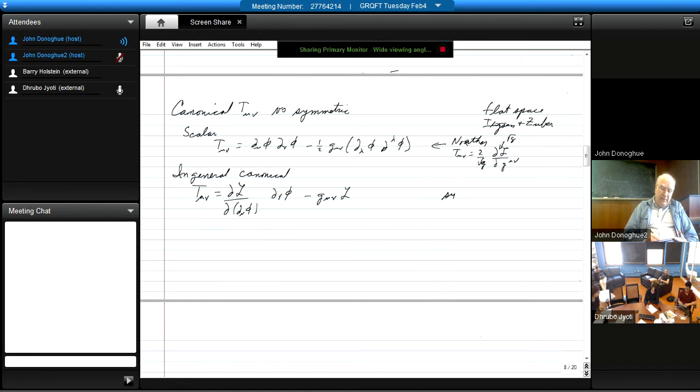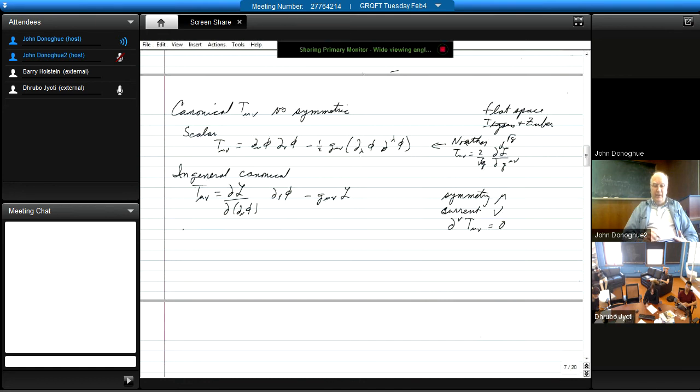In this notation, this is the symmetry associated with mu. So if I did T0 nu, that's the symmetry associated with time translations. And it's the current nu. So you would have d nu T mu nu equals 0 as current conservation.